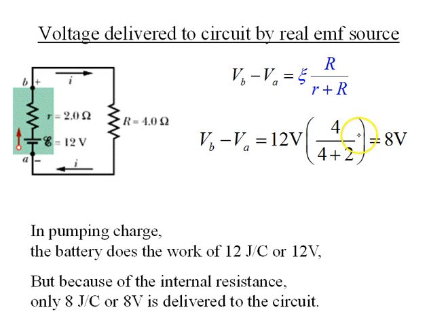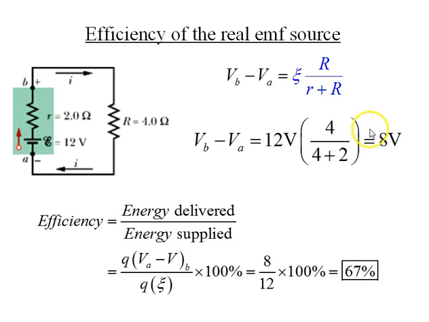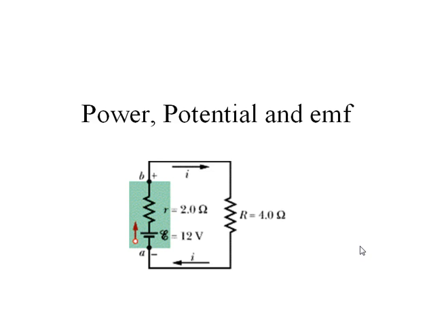Or we can view that as in pumping charge, the battery does a work of 12 joules per coulomb, or 12 volts, but because of the internal resistance, only 8 joules per coulomb, or 8 volts, is delivered to the circuit. So if we look at the efficiency of this device, the energy delivered divided by the energy supplied, we have 8 over 12 times 100%, so it's 67% efficient.